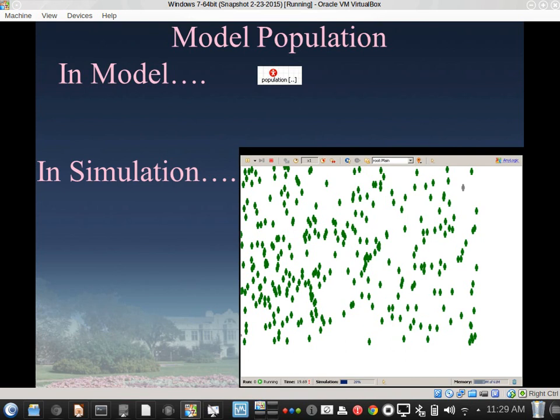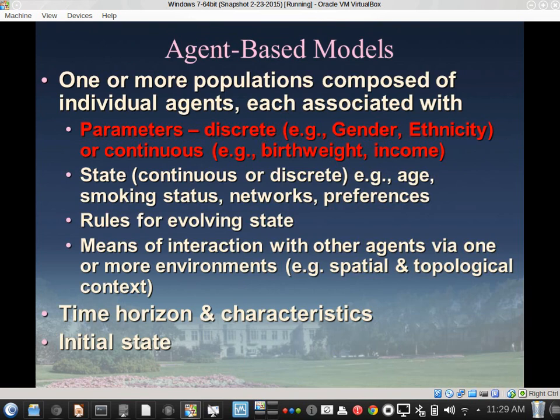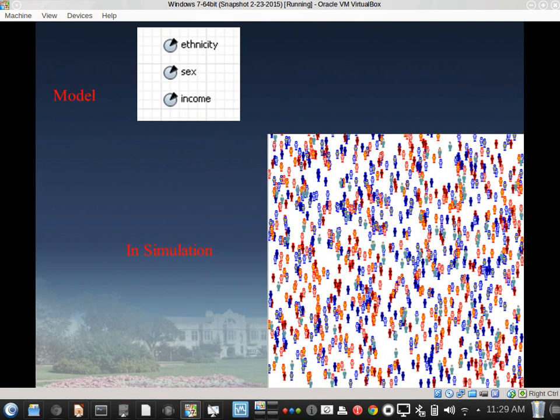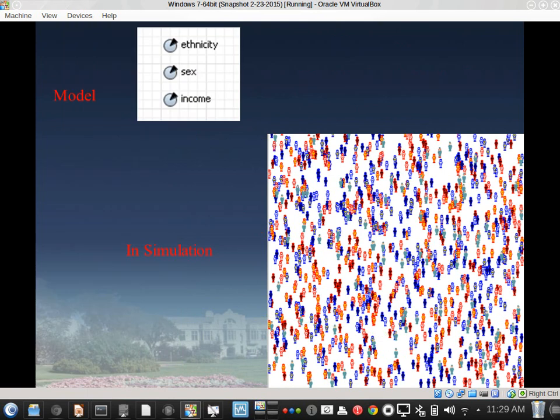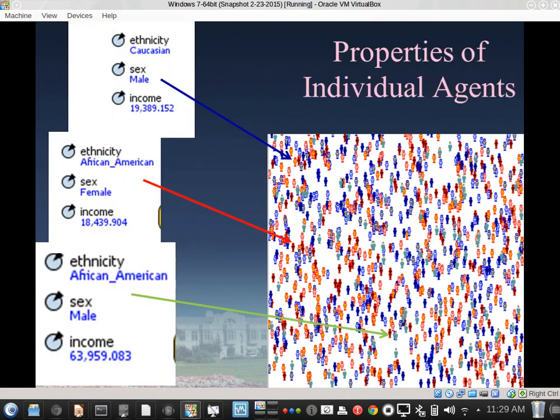So we might have a model population like this, and each member of that population might be associated with some parameters: ethnicity, sex, income, for example. This is kind of what agenthood is associated with in our model. So each particular agent here would be associated with some particular characteristic.